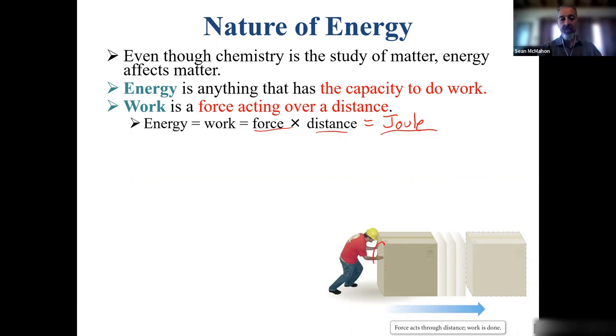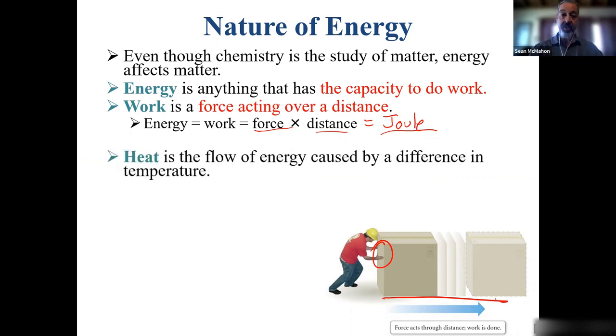Well, this man is applying a force on this box, and that would be the force component. And if he moves it over a certain distance, that would require work. And this makes sense. It requires work for you to move something heavy. So that is a form of energy. You have to use energy to do the work.